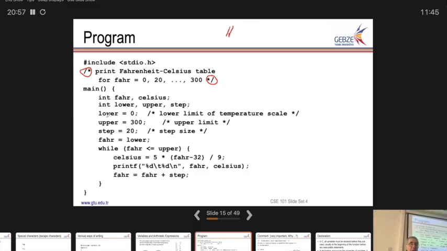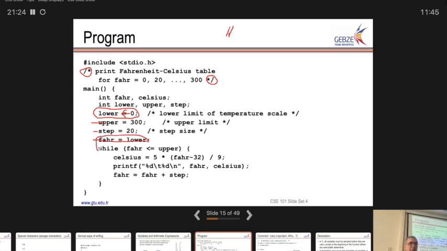Lower is equal to 0. That means lower is assigned to 0. So 0 is assigned to lower. It's basically an arrow rather than equality. Then upper is 300, step is 20.